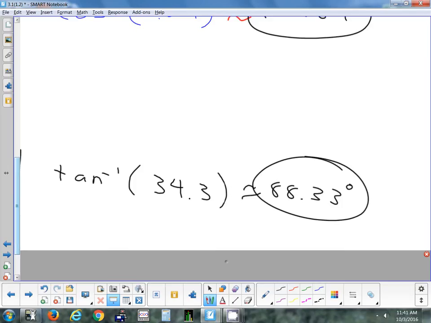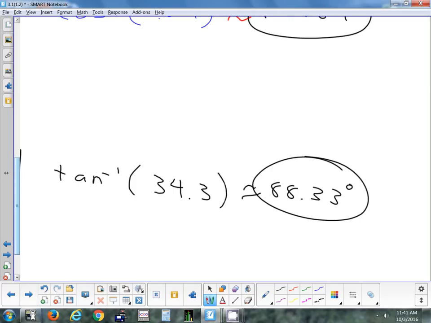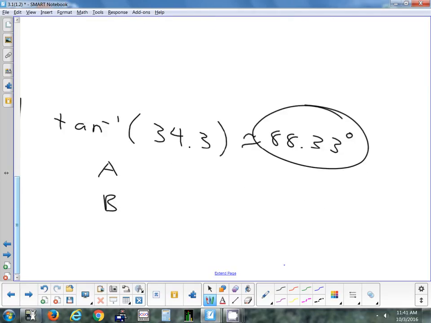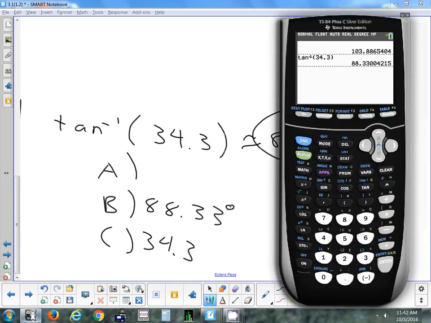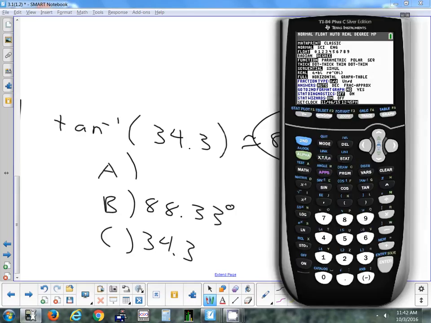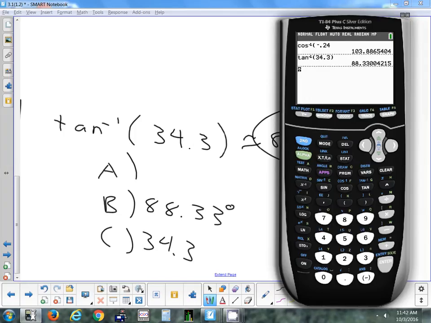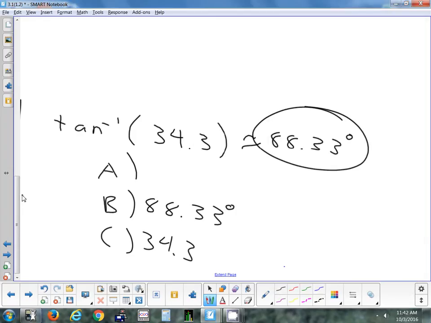Biggest mistake I usually see on these kinds of problems is, let's say you had these as choices on the test: 34.3, 88.33 degrees, and then something like the answer in radians, 1.54, and I'm going to write degrees as a choice.